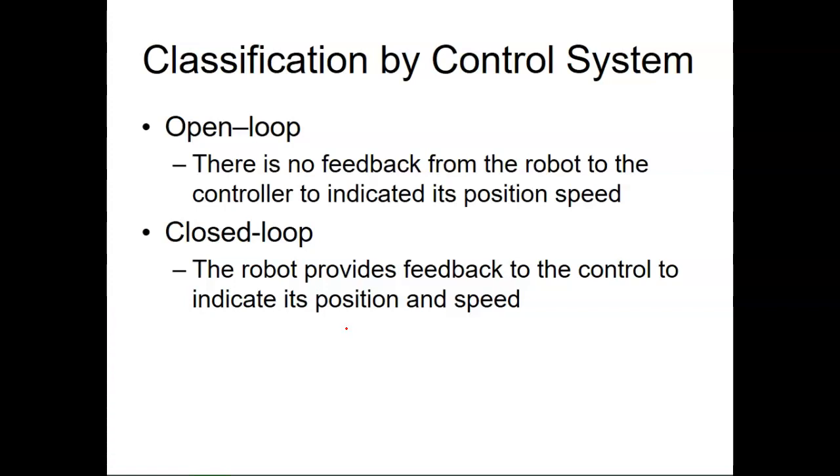That feedback on those robots indicates its position and its speed. How fast did it get to that point or needs to get to that point, and what position does each joint need to be in to get to that point as accurately as possible.